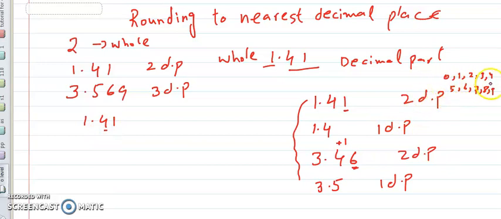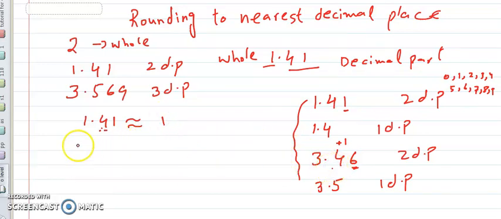If it is 0, 1, 2, 3, 4, then in the whole part there will be no change. But if it is 5, 6, 7, 8, 9, then in the whole part we will add 1. So when you are rounding to the nearest whole number, you need to look at the first decimal place. In this case, the first decimal place is 4, so there will be no change in the whole part. So if I round this one to the nearest whole number, it is going to be 1.